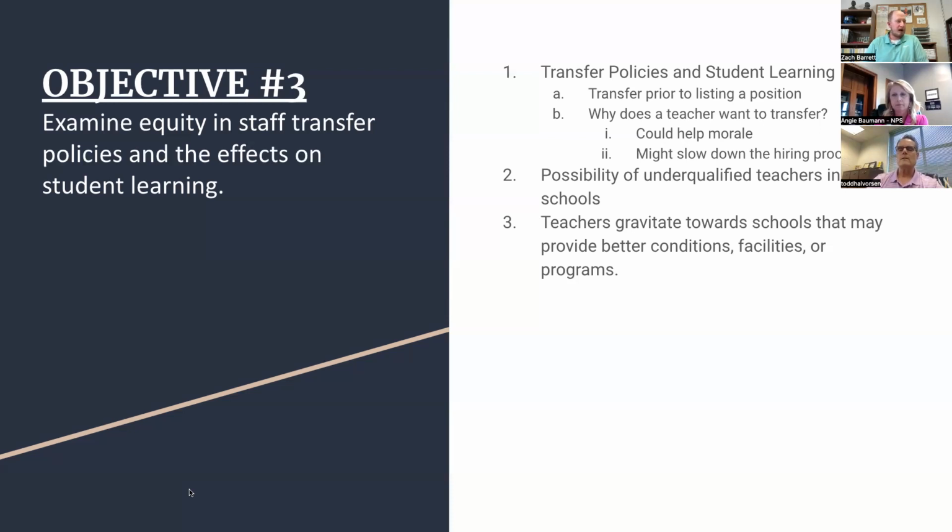Yes, it's opened up in district first to see whoever's qualified, and generally, if they fit the position and fit what we're looking for, in district, we'll give them the first chance at it, but it's not necessarily a given.